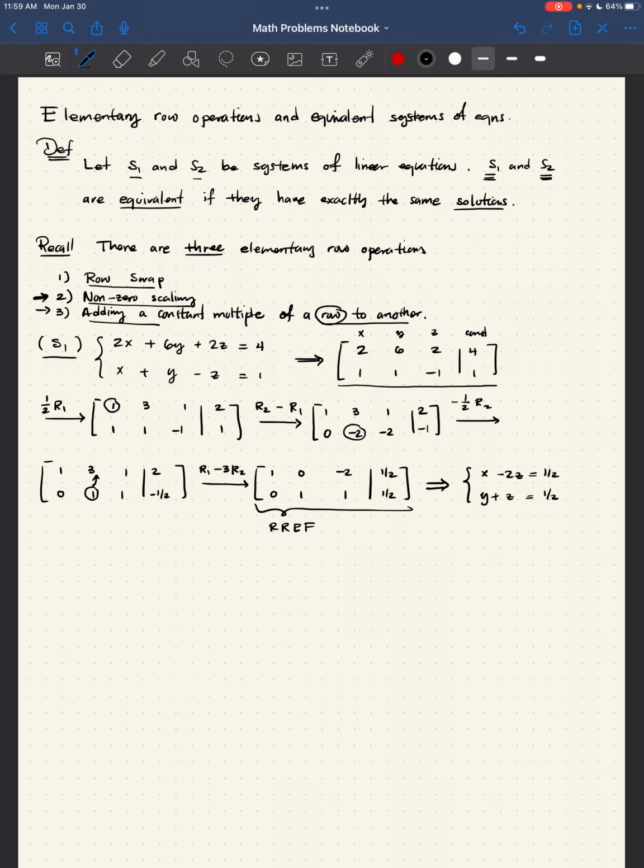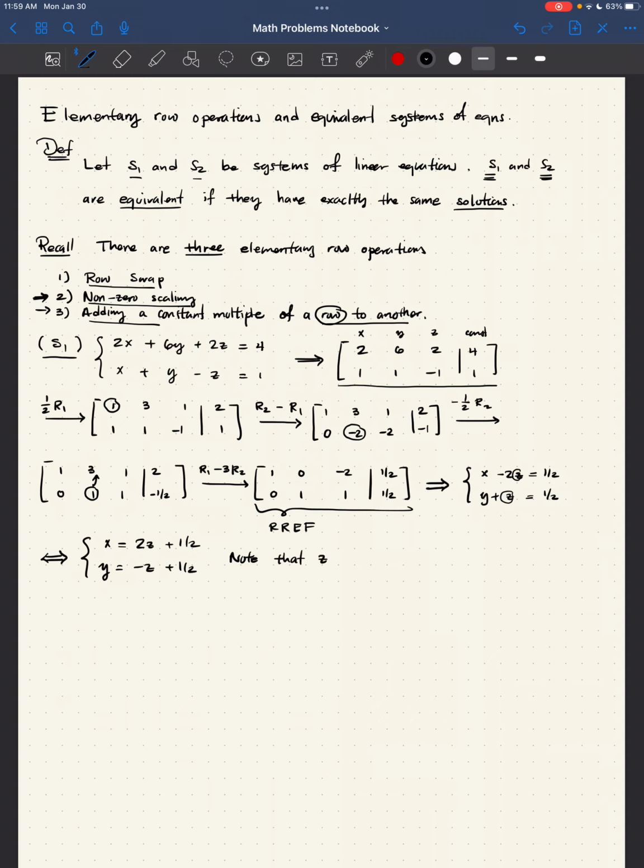Of course, I can write this in an equivalent form that might be a little bit easier to read, where we leave the unknowns in terms of the one that appears in both expressions. In other words, I'll write this as x equal to 2z plus 1/2 and y as negative z plus 1/2.